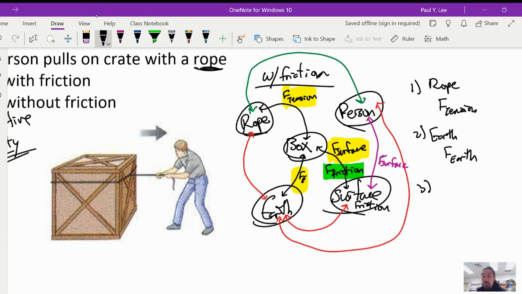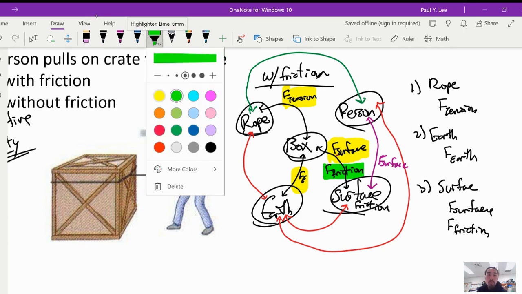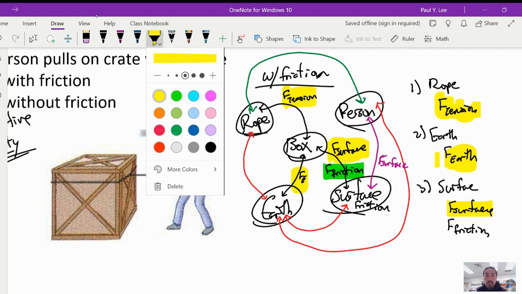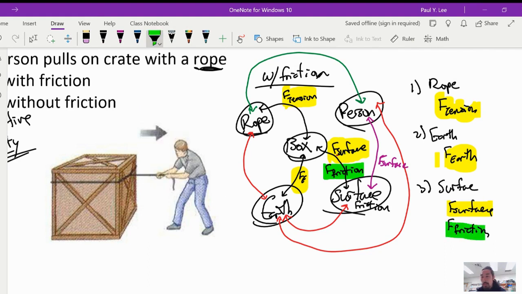We have the surface that's interacting with the box, and with the surface, there are 2 forces that exist. One is the force of the surface, and the other one is the force of friction. All right, so let's count them. We have a total of 4 forces. 1, 2, 3, and 4. Okay, total of 3 objects, but 4 forces.